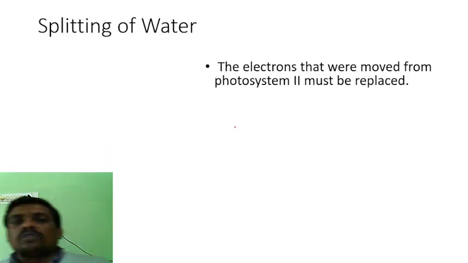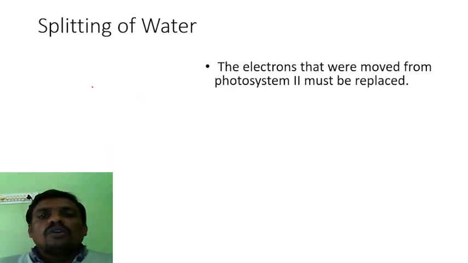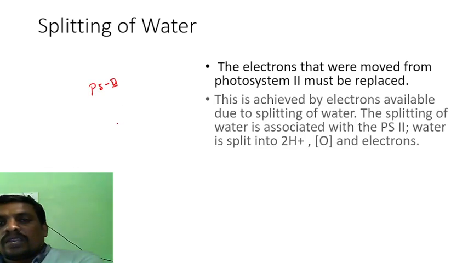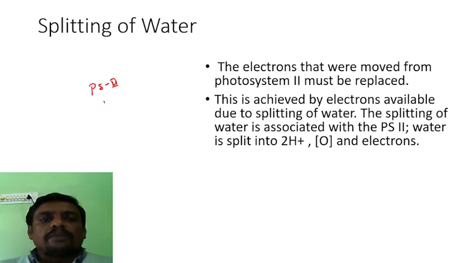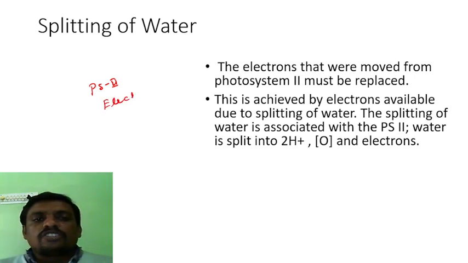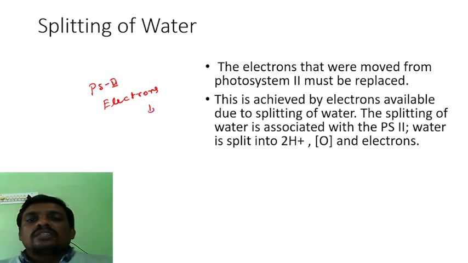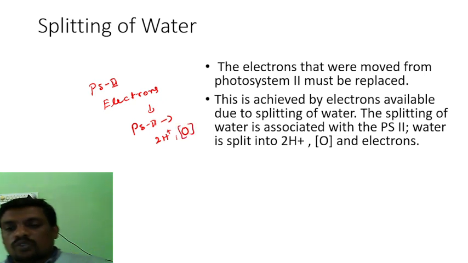Splitting of water molecules. Electrons that were moved from photosystem 2 must be replaced. This is ensured by the electrons available due to the splitting of water. The splitting of water is associated with PS2. Water is split into two H plus ions, oxygen and electrons.